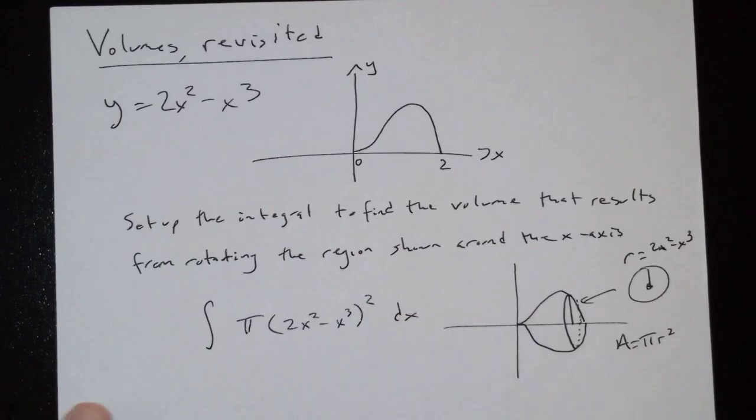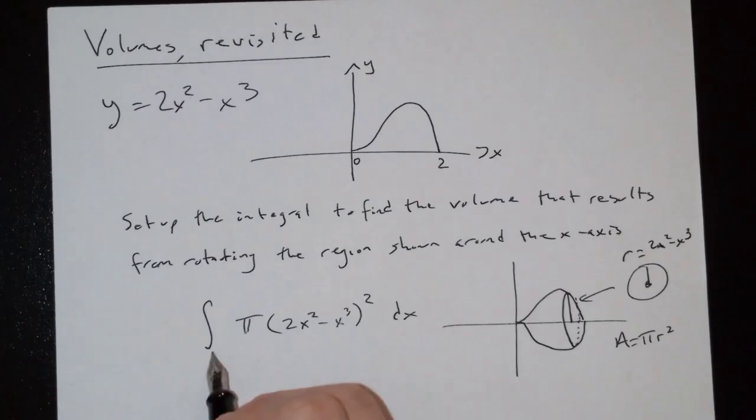squared. Now we're adding up little thick coins, little cylindrical slices. So I have to take their thickness into account. Where do I start and end this integral?